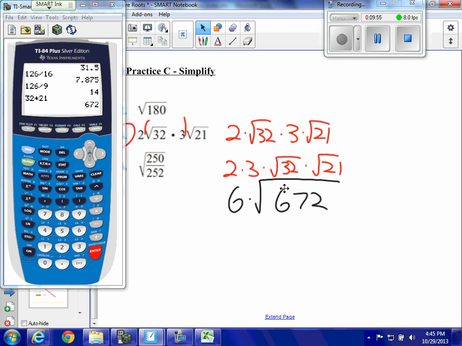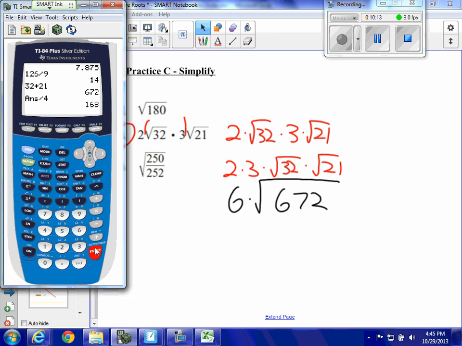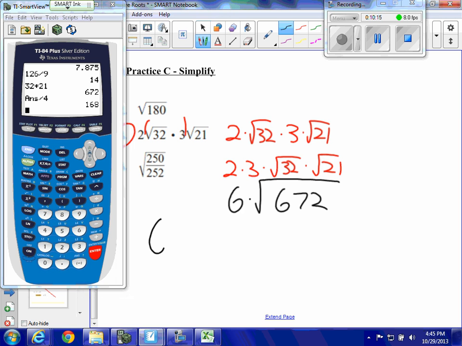I think it's quite likely that that's going to be divisible by something that is a perfect square. So I'm going to try it. I have 672. I'm just going to start off with 4. So I'm going to divide by 4. And what do you know? I get 168. So I know that this is 6 times radical 4 times 168.